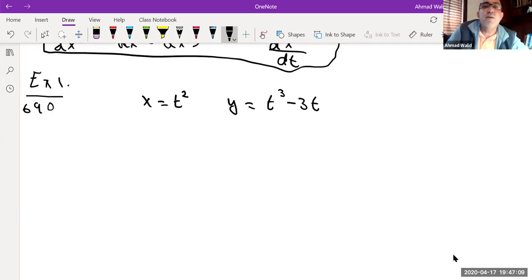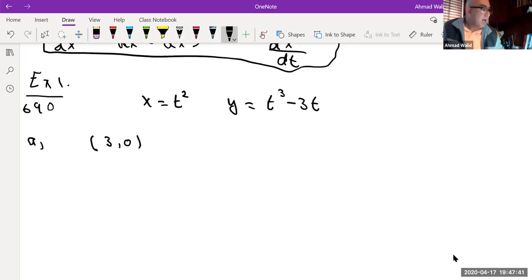Part A. Show that C has 2 tangents at the point (3, 0). They give you a point on the curve, which is (3, 0), and they're asking you to show that at this point your curve actually has 2 tangent lines instead of 1.